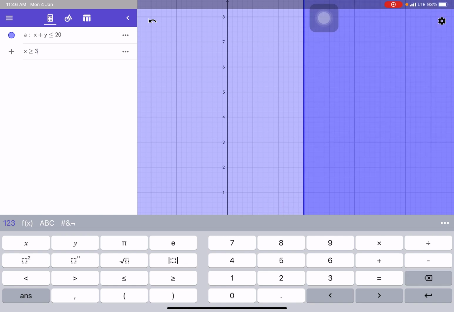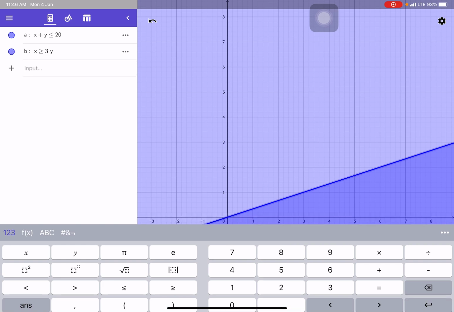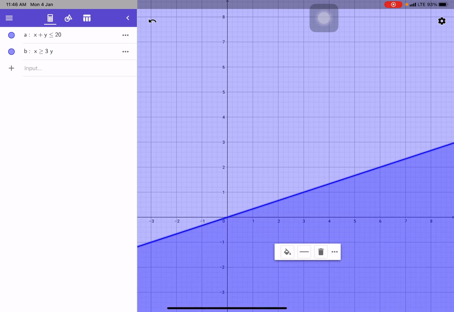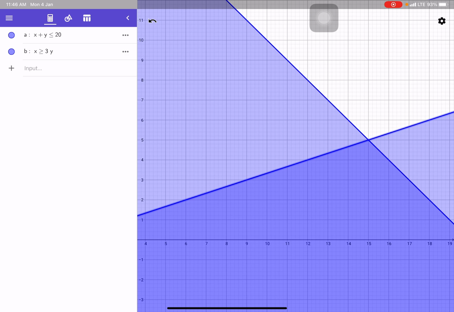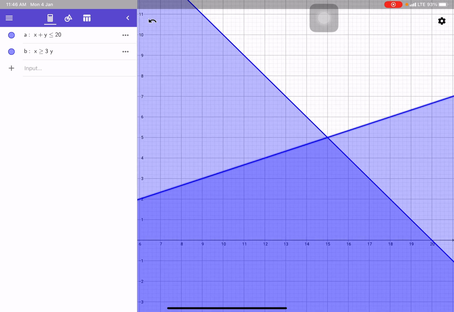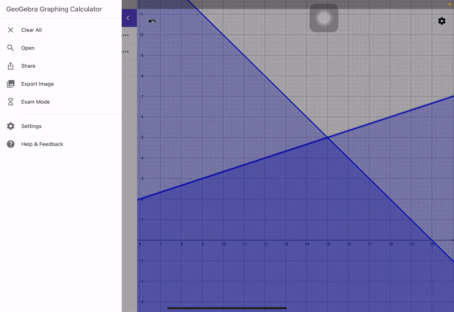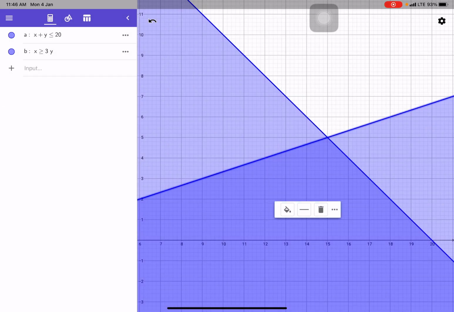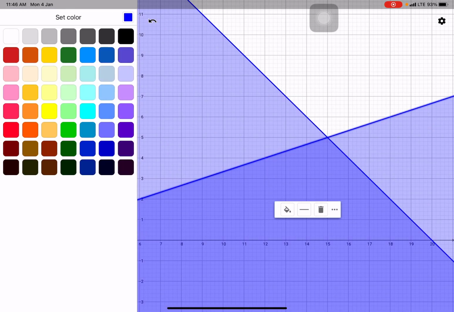Enter 3y. So the point of intersection here, take it, export it as a photo.